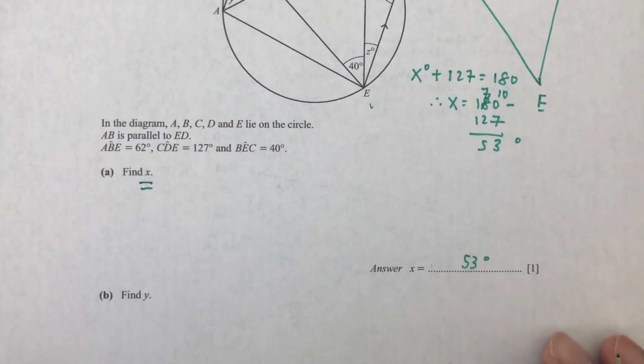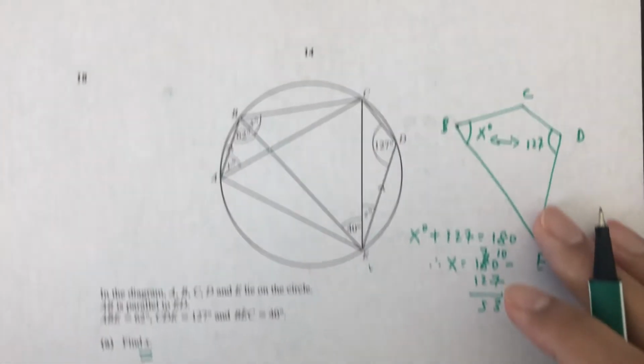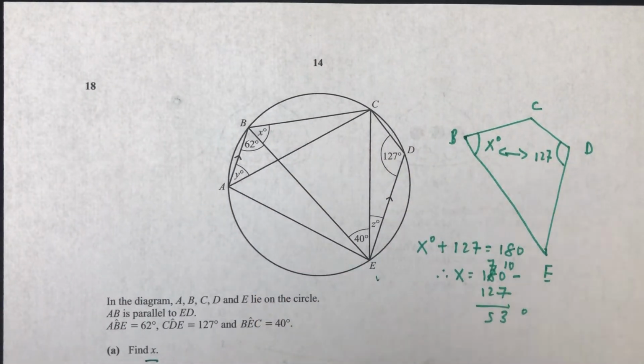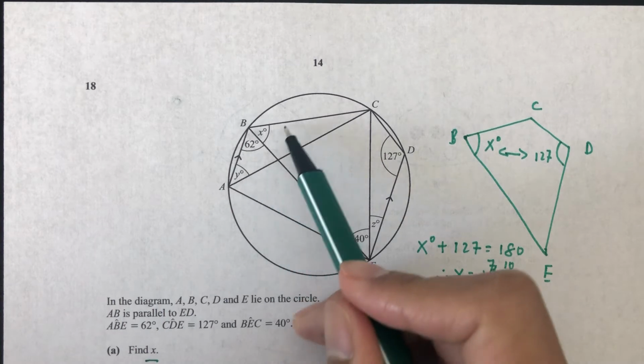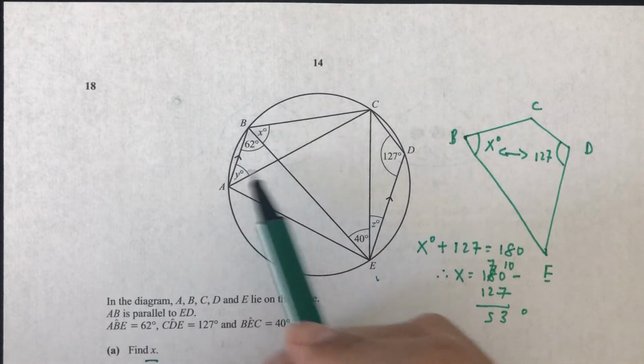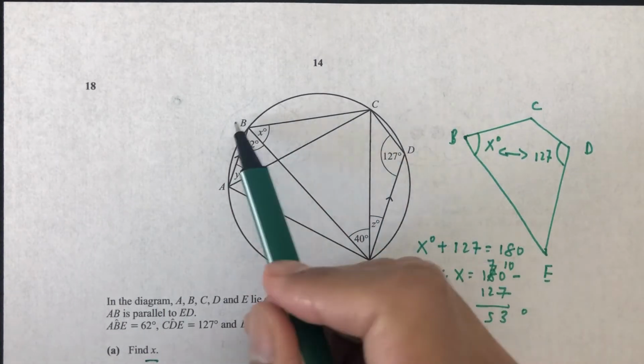Okay, so now part B, find the angle y. So angle y is here. So as we can see, angle y is on the same arc BC as the 40 degree angle.